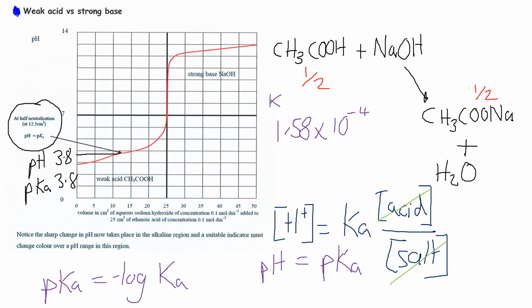So by using this we can calculate Ka and then do other calculations with it. So I hope that's helpful for a weak acid, strong base. It's a very popular question where they'll give you a graph like this and they'll ask you to calculate the Ka or some calculation linking to that, and you just read off to half the equivalence point.